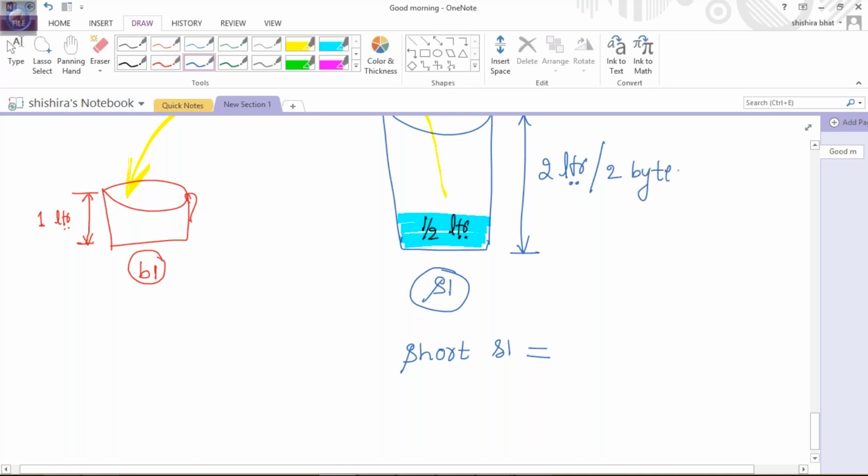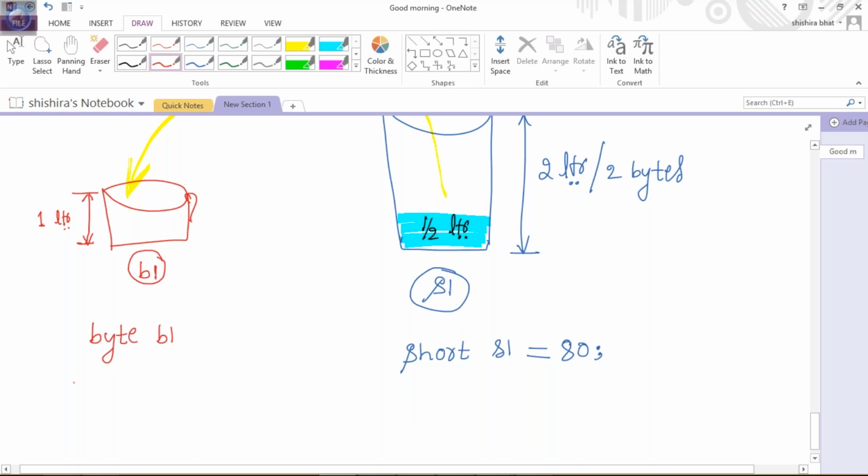When short capacity is 2 bytes, but I'm not even storing 1 liter of water, I'm storing only half liter of water, so the data is, let's say, 80. S1 is a variable storing data called 80, but the data type is short. Now, I consider this as byte B1.